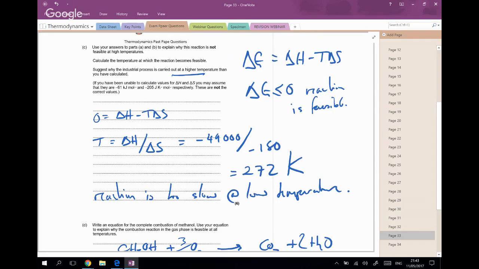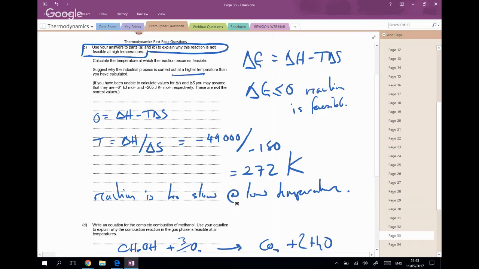Oh, okay. So why it's not feasible at high? You're right, I did miss that question out here. So the reason it's not feasible at high temperatures here is because of the... no, you're right. I didn't explain that. You're absolutely right. Apologies for that.